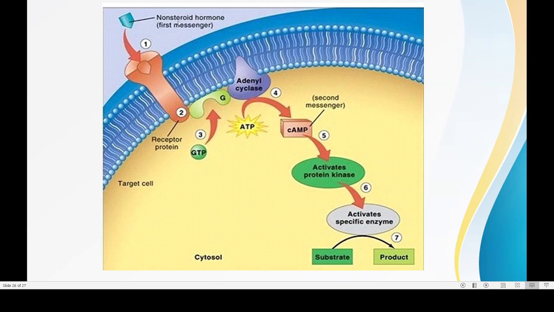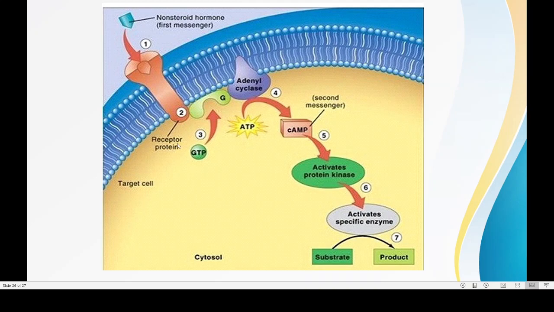Even though this is the message given by the first messenger or hormone, it does not directly enter. It takes the mediation of another molecule called cyclic AMP. Cyclic AMP is converting substrate to product. So that is how it is happening.